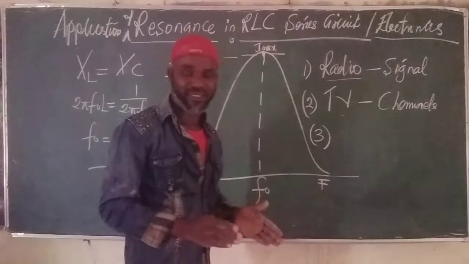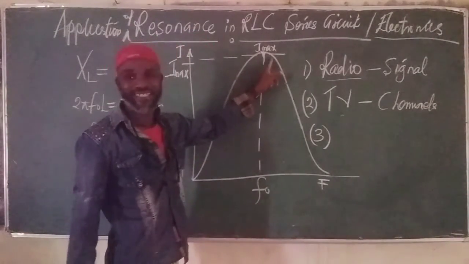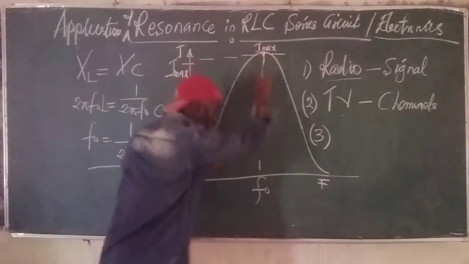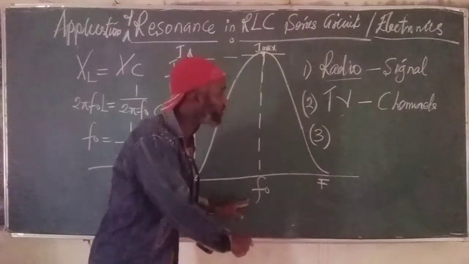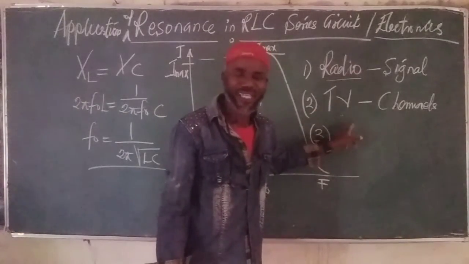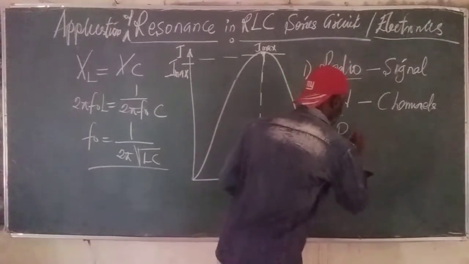Once there is an intersection, maximum current is attained. At that point of peak current, there is a corresponding radio frequency, that is F0. It connects, and you have your channel on. And then the third one is what we call radar.